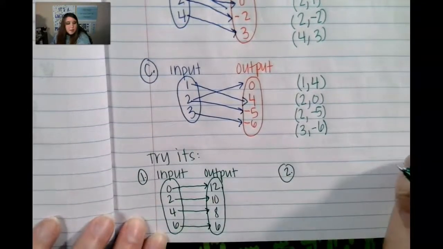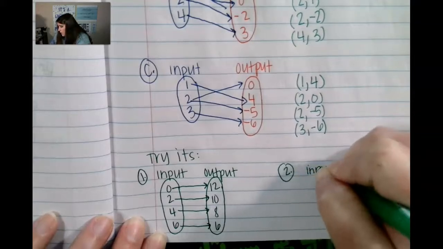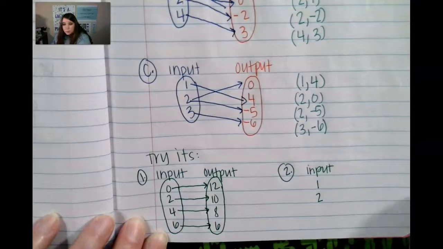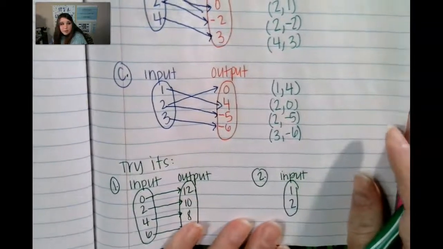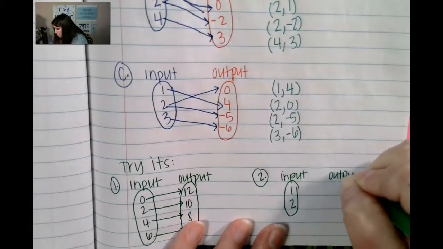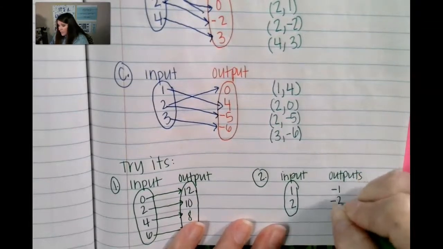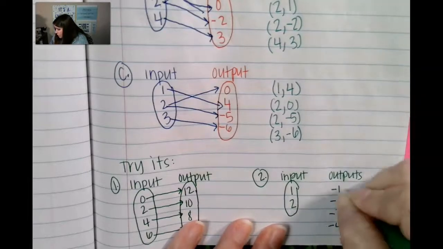In try-it number 2, this one is weird. Okay, your inputs are only 1 and 2. But your outputs are going to be -1, -2, -3, and -4.